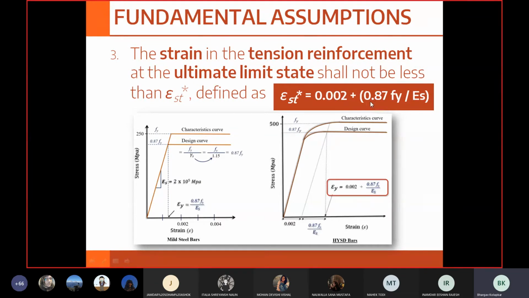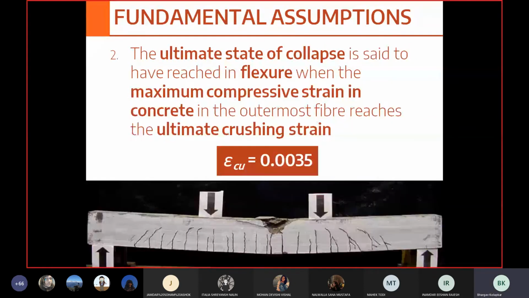If it is yielded at 0.87 fy by Es, definitely it is going to be still yielded at 0.002 plus 0.87 fy by Es. So that's basically a conservative assumption for mild steel. But this assumption or this number remains the same irrespective of what is the grade of the steel. And this is the number 0.0035, which is the ultimate crushing strain in concrete, irrespective of what the grade of concrete is.